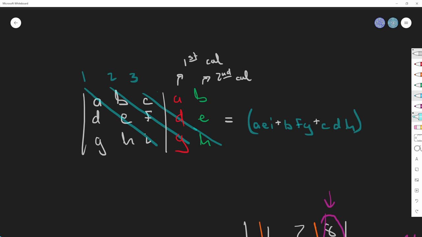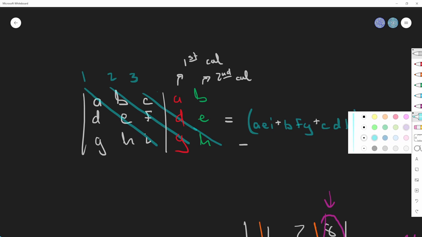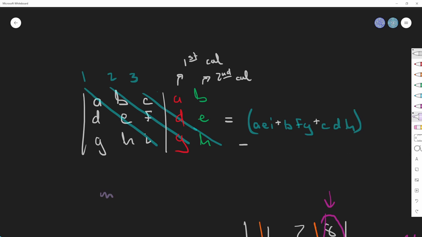And then you have to subtract the other diagonals. That's going to go from bottom left to top right. So it's going to be bottom left to top right, these 3 elements, then these other 3 elements, then these last 3 elements.